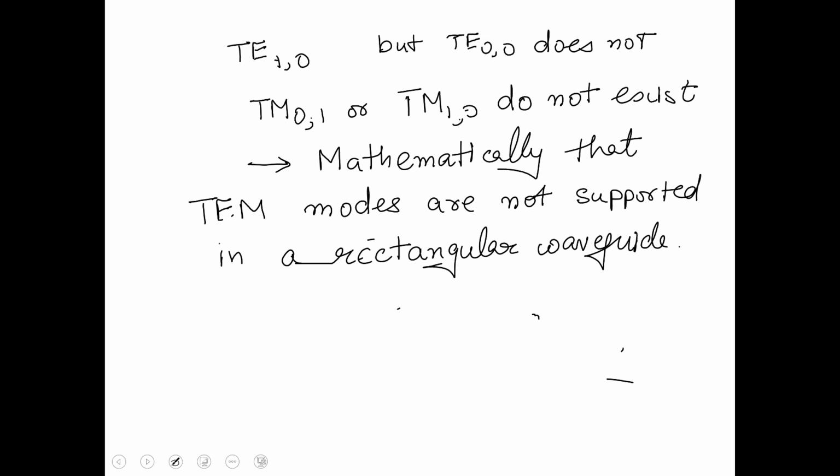So let's try to understand physically why this happens. Like, what is the physical reasoning behind it? Mathematics is all fine and dandy, but I'm a big fan of Richard Feynman, who said that if you cannot explain things physically to a second year student, then you don't understand it. So we should try to figure out why TEM modes are not going to be supported in a rectangular waveguide.